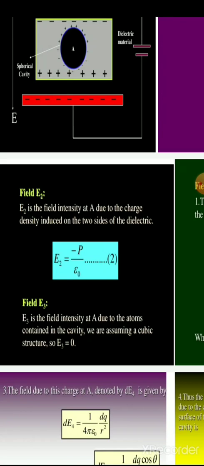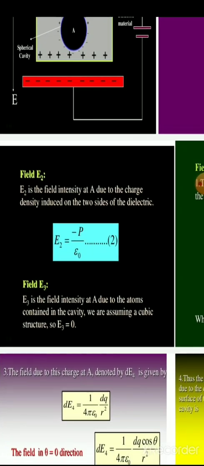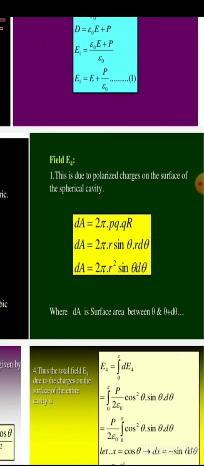The electric field gets balanced. E3 is the field intensity at A due to atoms contained in the cavity. We are assuming a cubic structure, with all sides equal, symmetrical. So E3 equals 0.